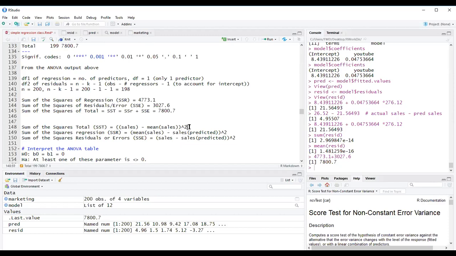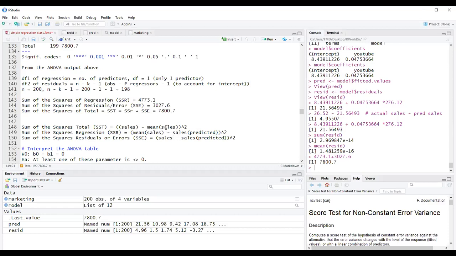Now, ang next dyan, itong sum of the squares of your regression. How do we get that, guys? So sa regression, gagamitin na natin si YouTube to predict our sales. So mag-i-improve yung model natin.